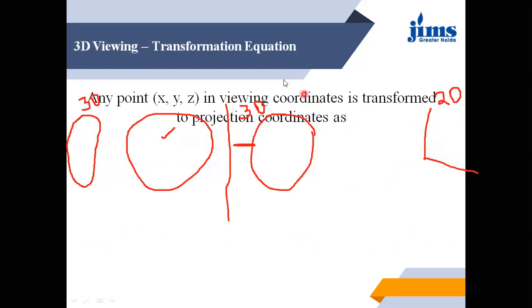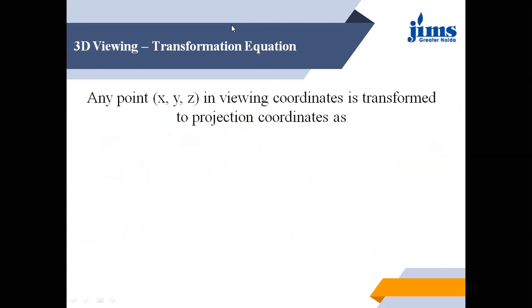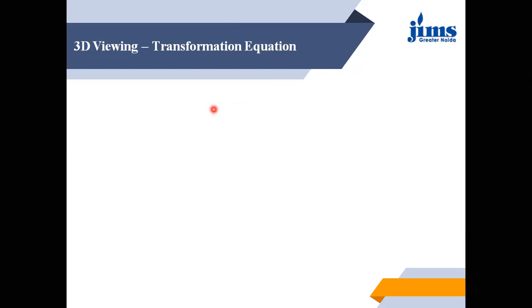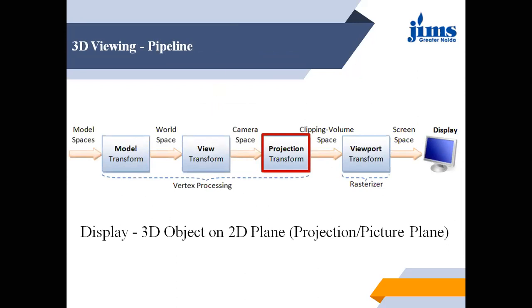Through this diagram, we will try to understand the concept of transformation. You can see from the last slide that over here, these operations we are performing on vertex, and this is different from rasterization, which we studied in unit first, like DDA algos.